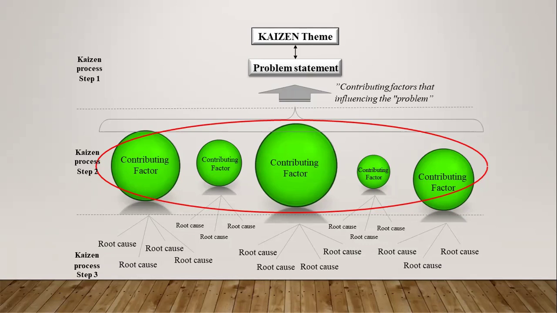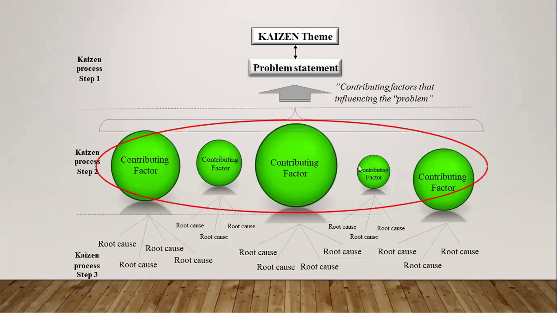So from your theme, you need to unpack the contents of the challenges, or in a deeper meaning, try to appreciate how much each content is adding up to your challenge using a tool called a Pareto chart. The contents are the contributing factors, the green balls here.